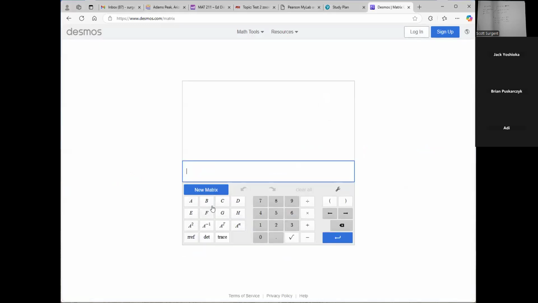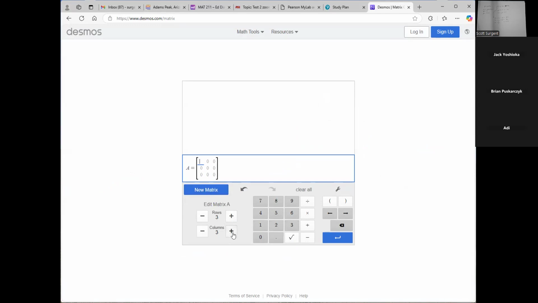Now, hopefully you guys have been playing with this. It's pretty fun. You hit new matrix, and I want three rows and four columns. The three rows are going to be the equations. The top equation was x plus y plus z is 88.1. So 1, 1, 1, and then 88.1.